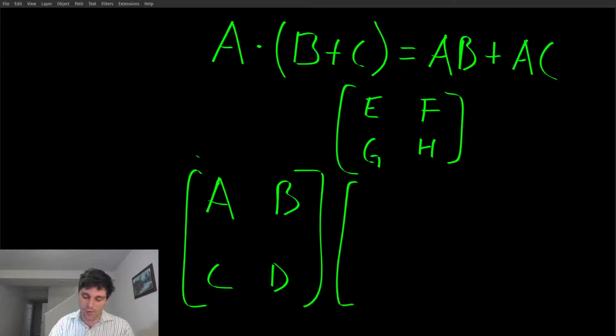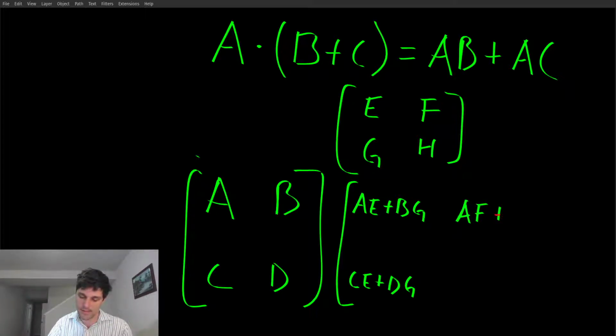So this output matrix here is going to be AE plus BG. This one down here is going to be CE plus DG. This one's going to be AF plus BH. And this one's going to be CF plus DH.